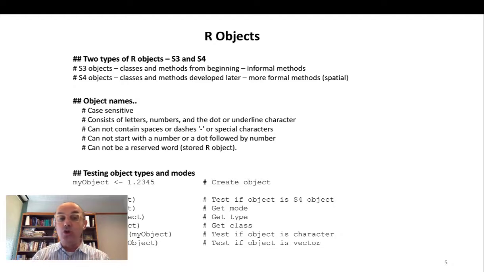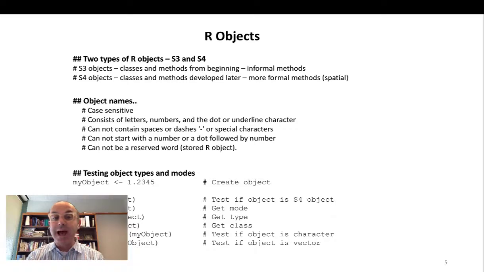Object names are usually case sensitive. They consist of letters. They cannot contain spaces or dashes, and you cannot start with a number or a dot followed by a number. So this is how we write that in the code.